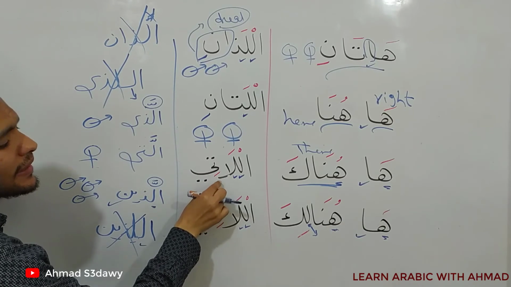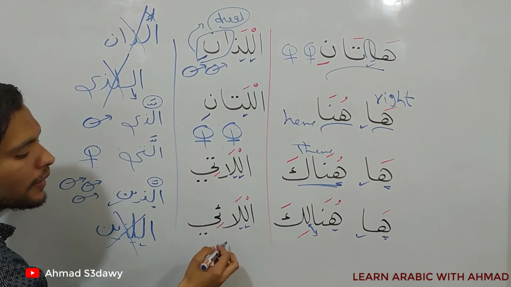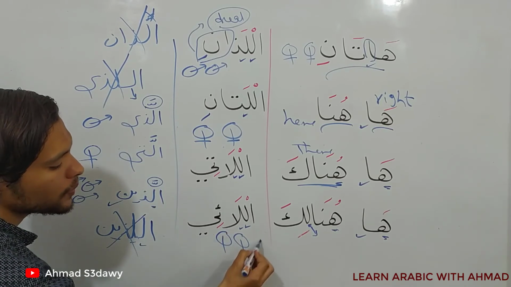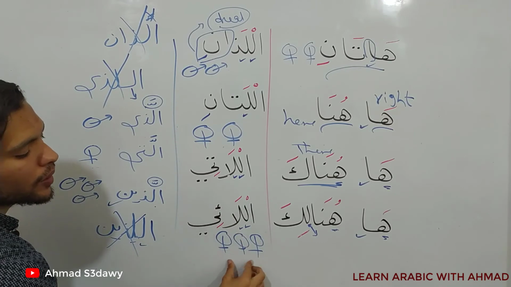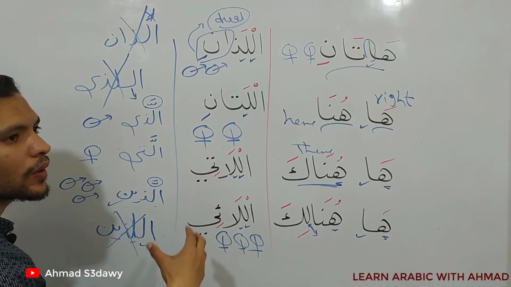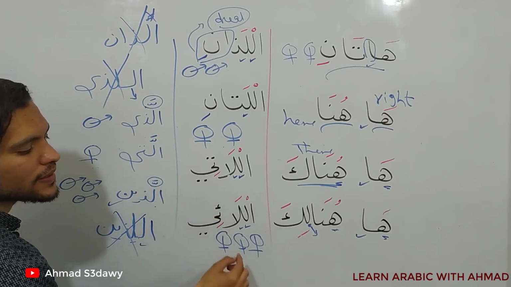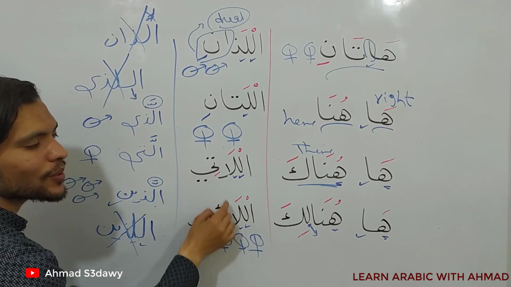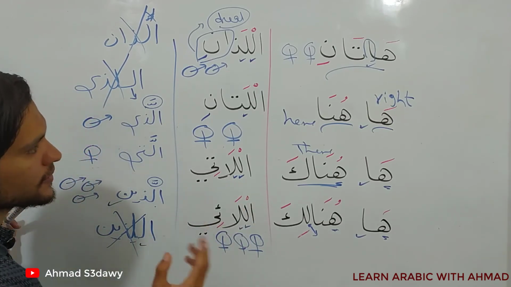And allati or allai, both of them mean feminine plural. Allati or allai, the girls who. And I say the girls like plural. So the girls allati or the girls allai. And there is no difference actually between them. You can say allati or allai, it doesn't matter.